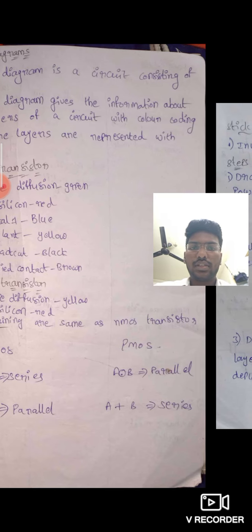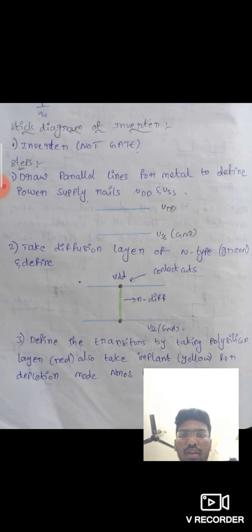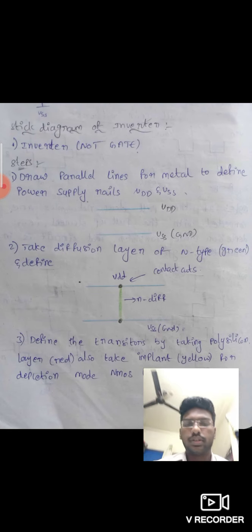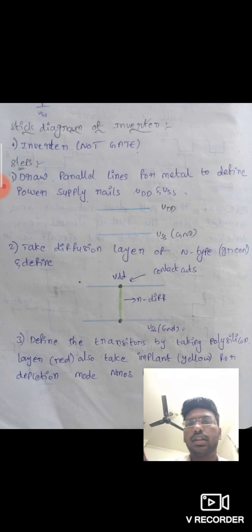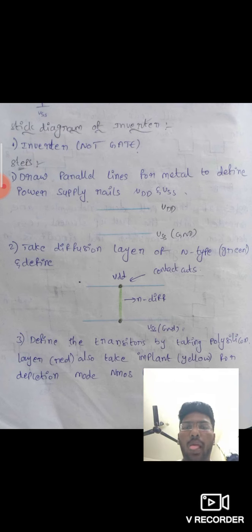Let us see some more examples on NMOS n-type diffusion and p-type diffusion. Let us consider the inverter in n-type diffusion. First of all, we have to draw metal lines. I already mentioned that metal lines are indicated with sky blue color. Let us mark the upper metal layer as VDD and the lower metal layer as VSS.